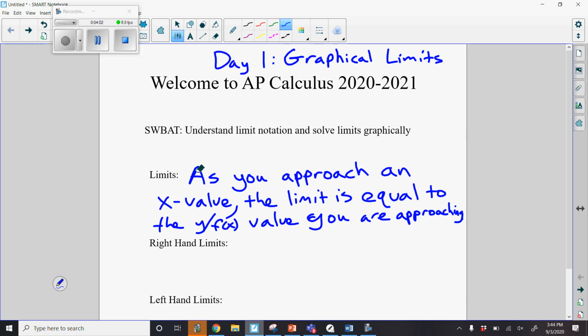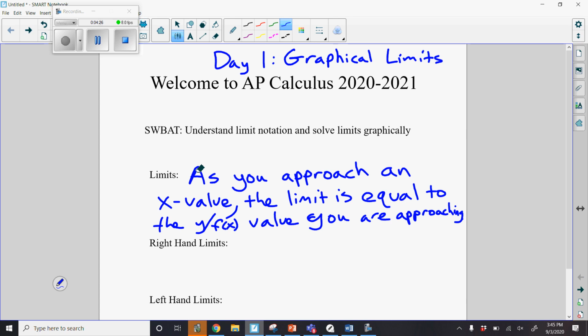As we approach a certain x value, the limit is equal to the y or f of x value that you are approaching. The limit does not care what's happening at that exact x value. It's about what's around that x value, but really close to it.